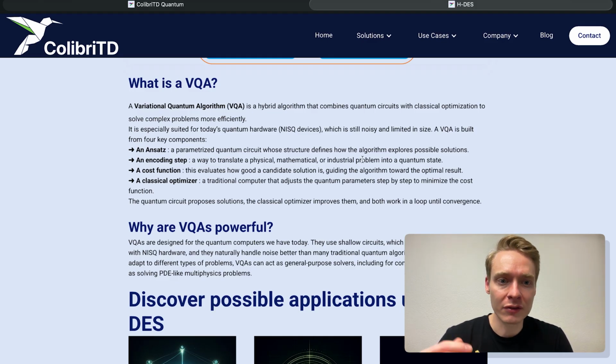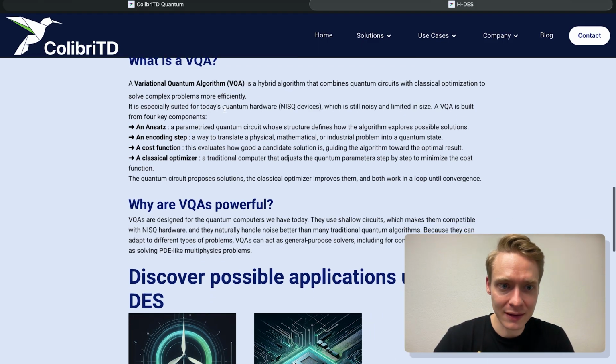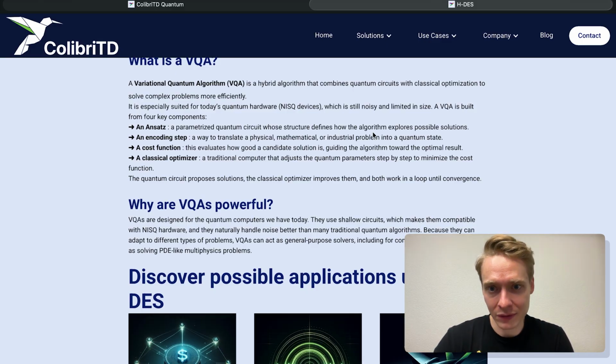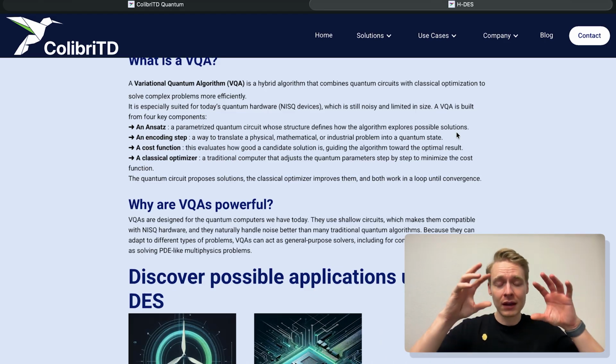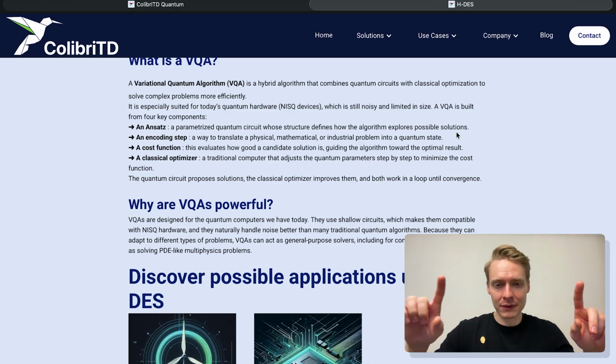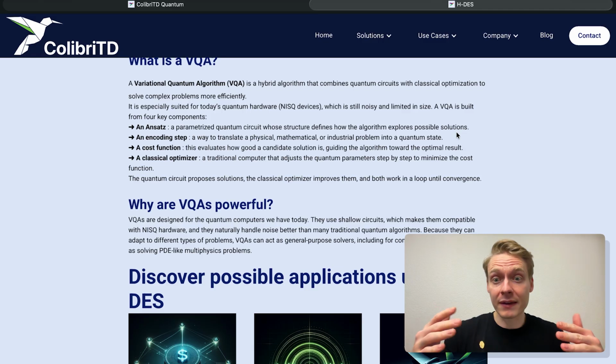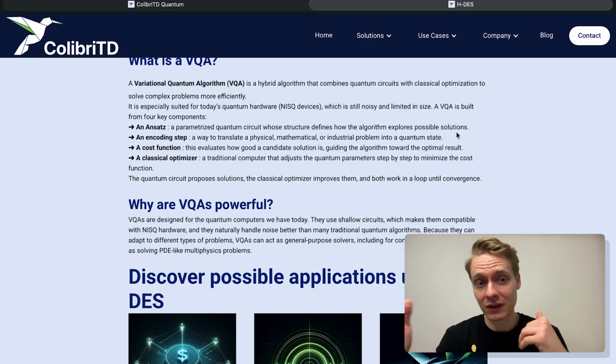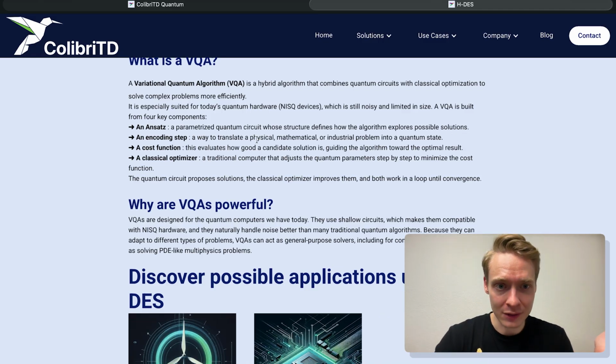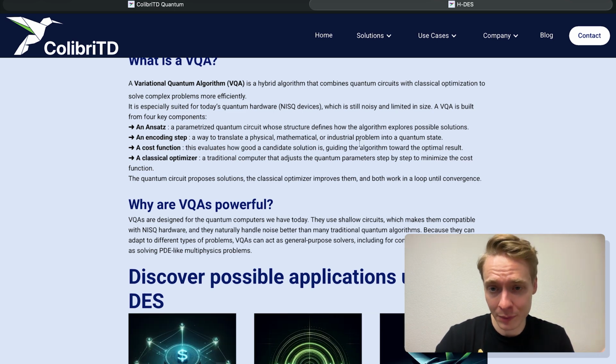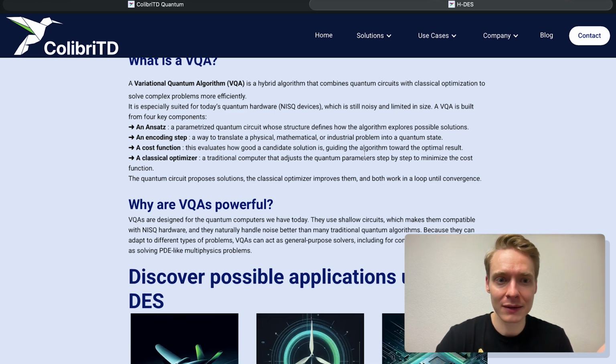VQA is built from 4 key components: an ansatz, a parameterized quantum circuit whose structure defines how the algorithm explores possible solutions. So this is how you actually combine these qubits, which ones you entangle with each other, which gates you're running, right? Then the encoding step, a way to translate a physical, mathematical, or industrial problem into a quantum state.